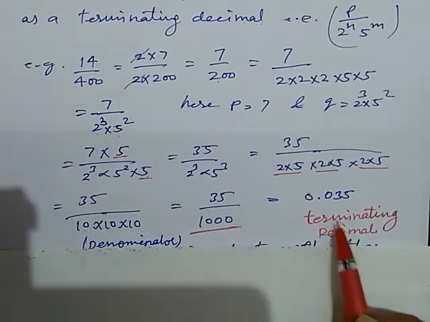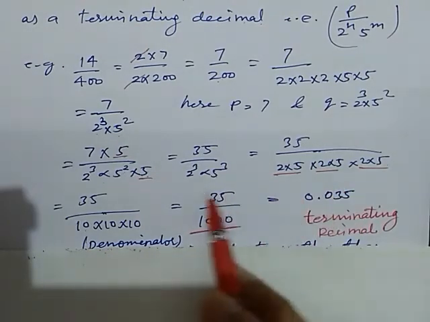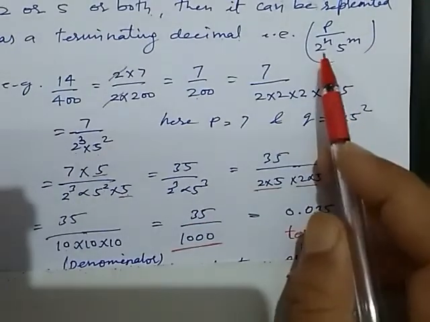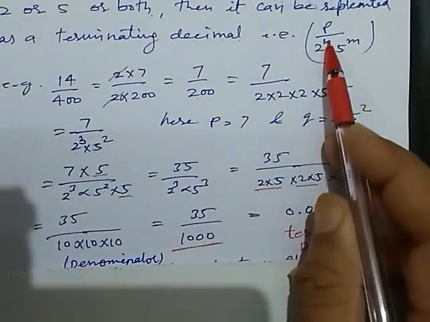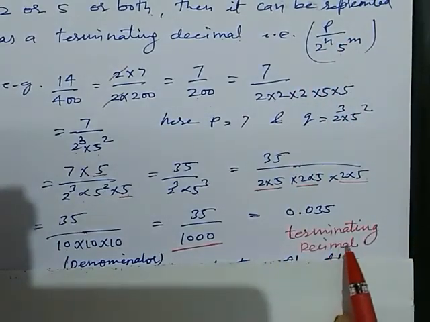So look, this is a terminating decimal. This is the method to convert a fraction which has a denominator of the form 2 to the power n, 5 to the power m, and we easily convert it into a terminating decimal.